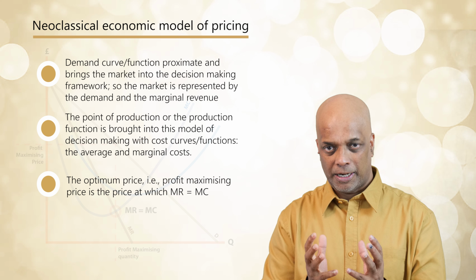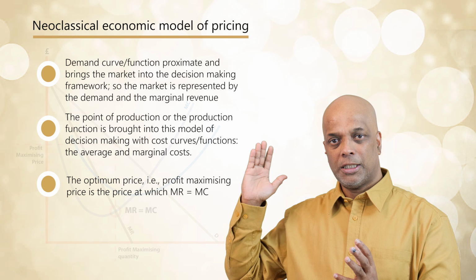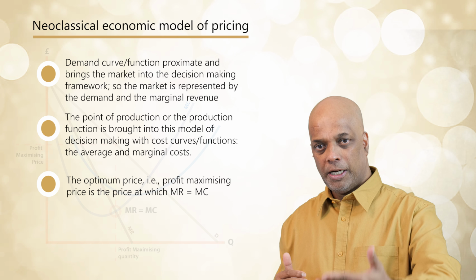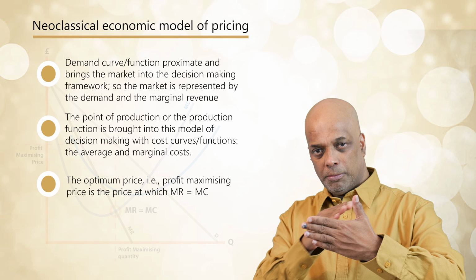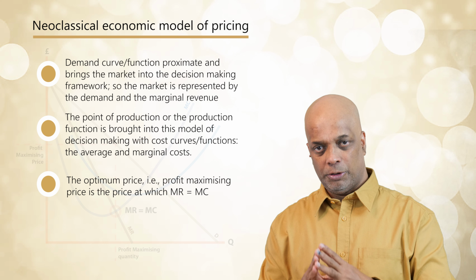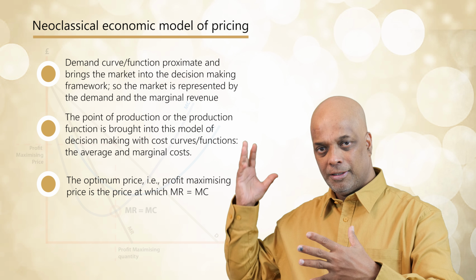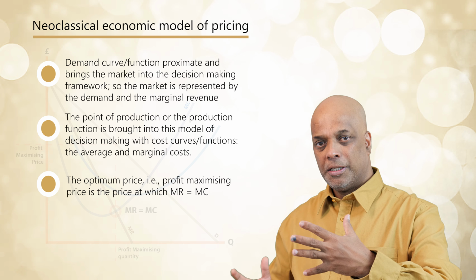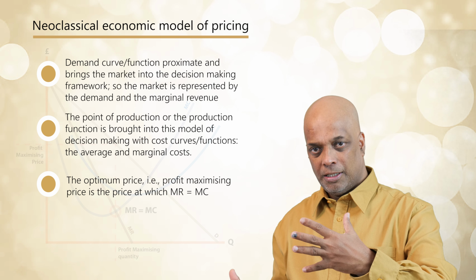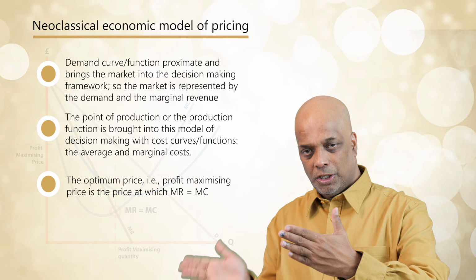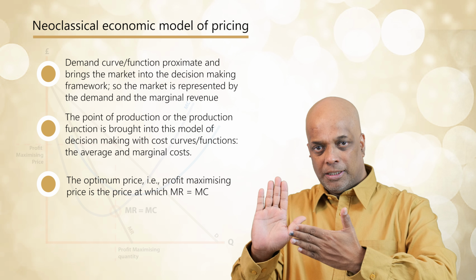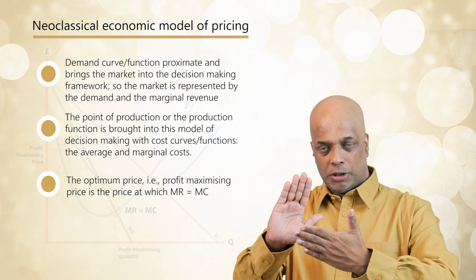To repeat and summarize, this neoclassical economic model of pricing approximates or estimates the market through the demand curve and the marginal revenue curve. And then this model brings the production function, the point of production, into the decision-making model through the cost curves, the average cost curve and the marginal cost curve.